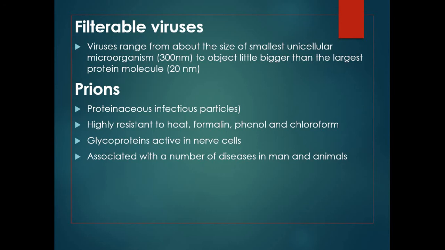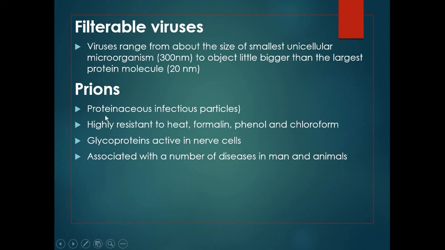Filterable viruses. Viruses range from about the size of the smallest unicellular microorganisms, which start from 18 or 20 nanometers to 300 nanometers, to objects a little bigger than the largest protein molecule, which is about 20 nanometers.